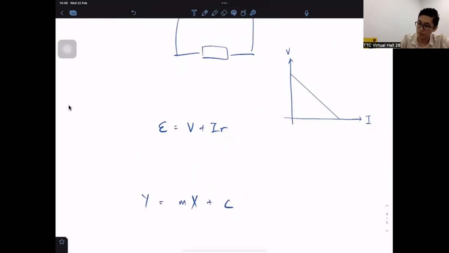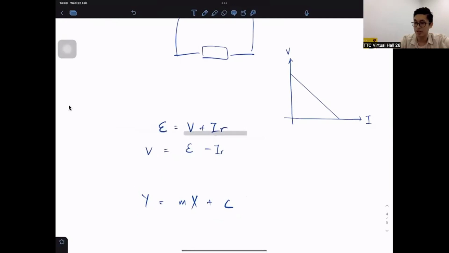Then it becomes EMF minus IR equals to V. Okay, I can write V equals to EMF minus IR lah. Understand right? So now V is in the correct position already.